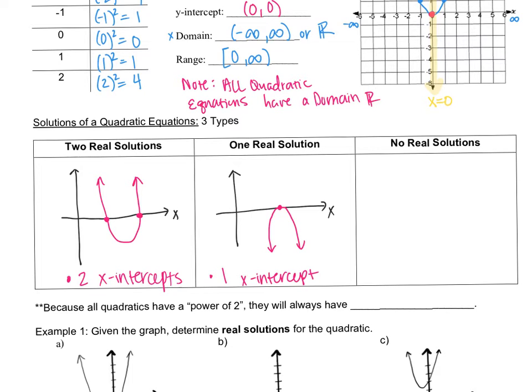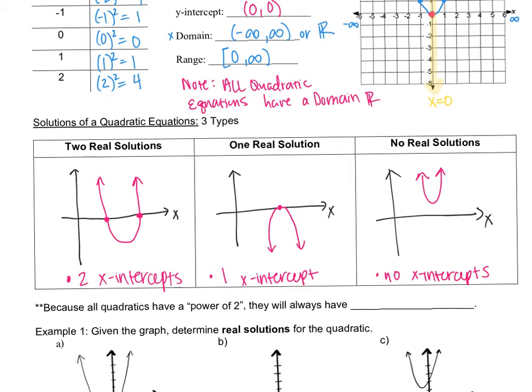Then there are some times where you would have a graph and the parabola doesn't even touch the x-axis, kind of like this. Maybe it's nowhere near the x-axis, and so there are no x-intercepts. So that's why there would be no solutions.